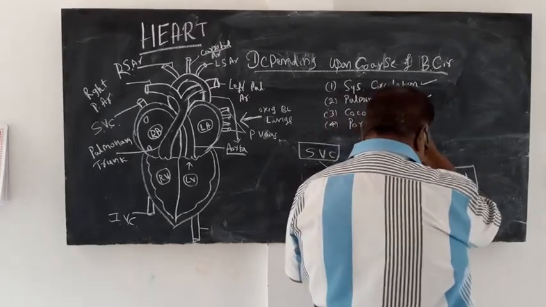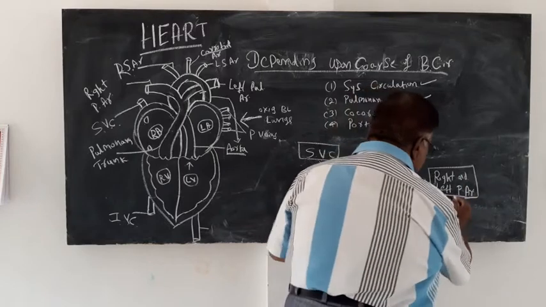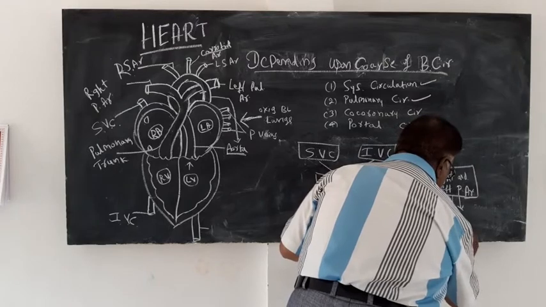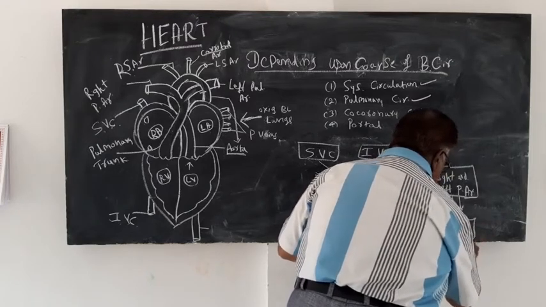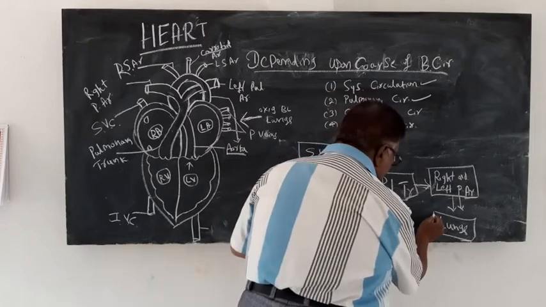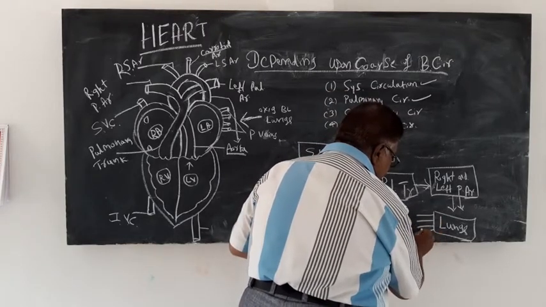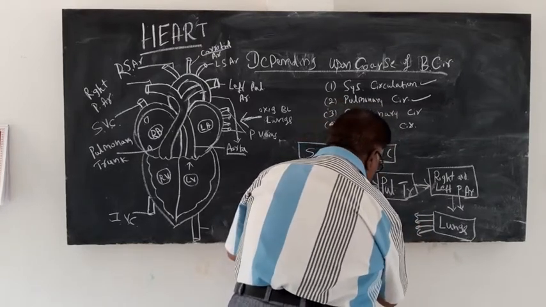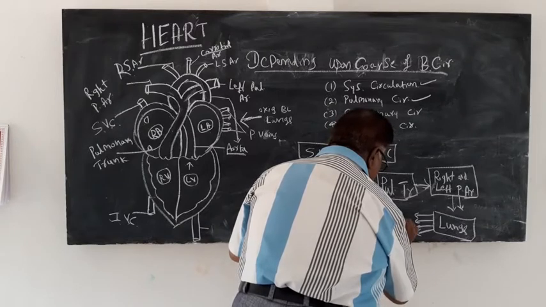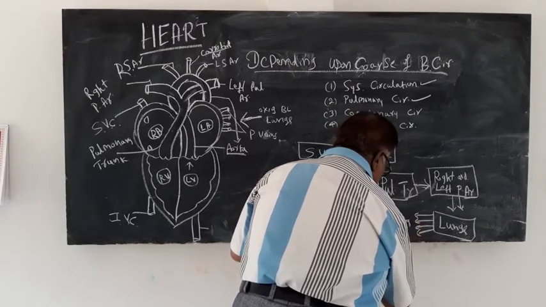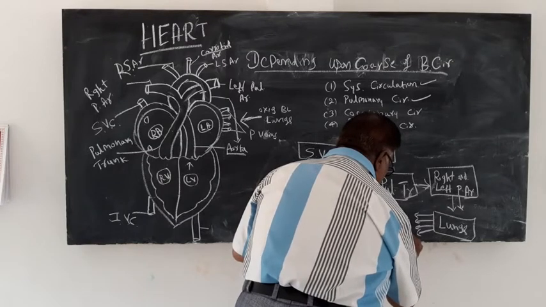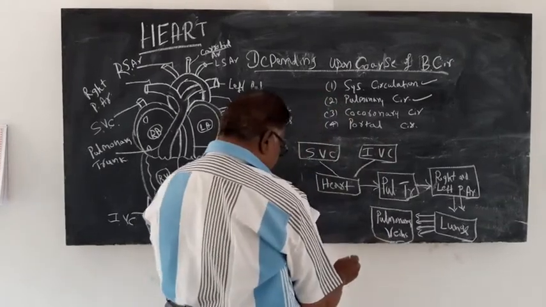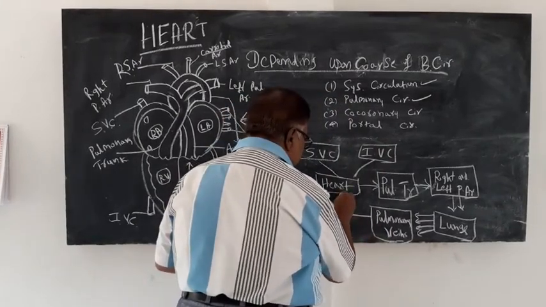From these right and left pulmonary arteries, it comes to the lungs. From the lungs, the four veins, pulmonary veins, arise and bring it to the heart.